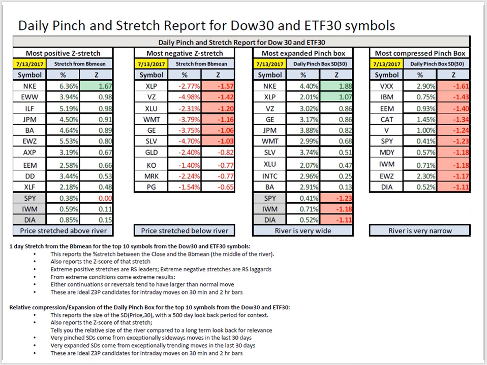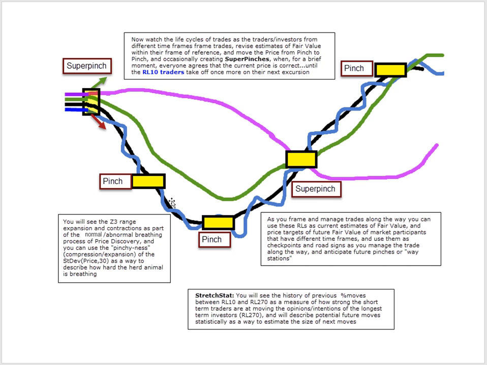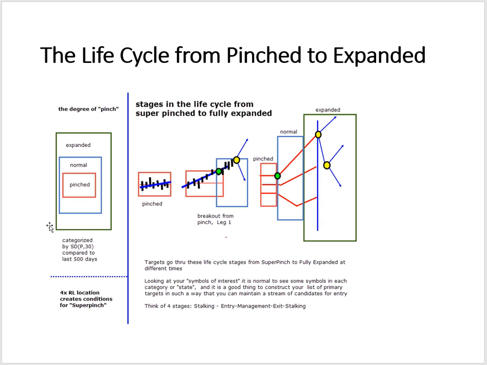What we've seen then is a discussion of the life cycle concept of these pinches and super pinches and the expansion of the regression lines and how things move from expansion to contraction, like breathing. We've looked at three different definitions in the life cycle, going from pinched to normal to expanded.